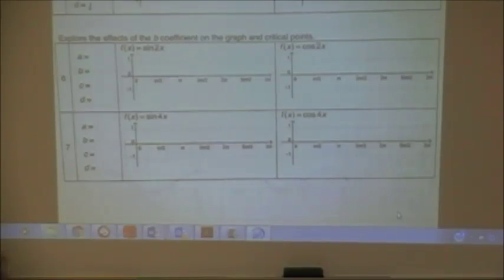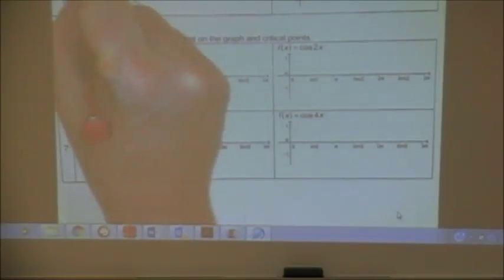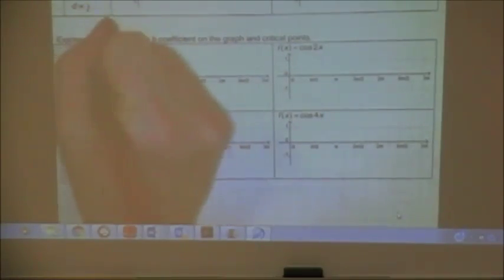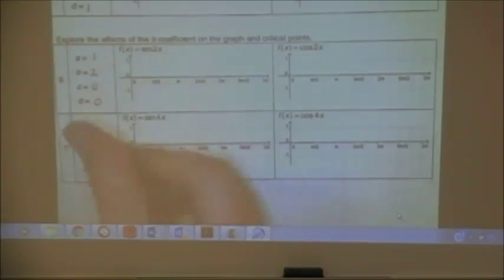It's not a vertical transformation. My A value is 1, my B value is 2, there's no C and no D.